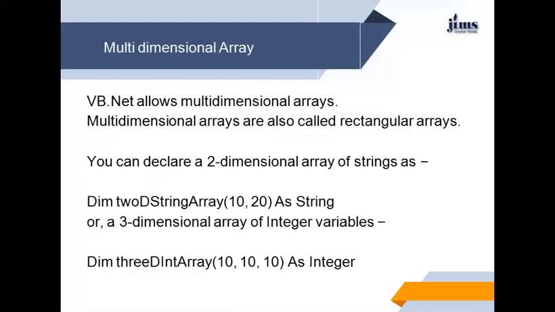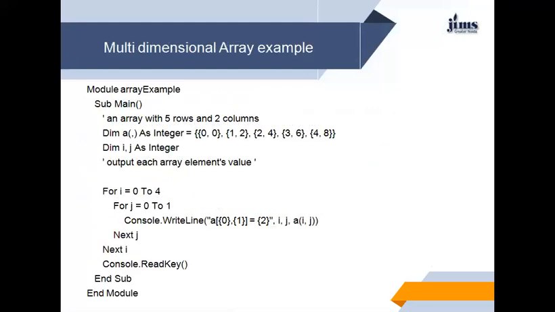You can declare a two-dimensional array of string as Dim 2DStringArray(10, 20), meaning 11 rows and 21 columns are there. For a three-dimensional array of integer, you define three things, like (10, 10, 10). This is again an example of a multi-dimensional array.